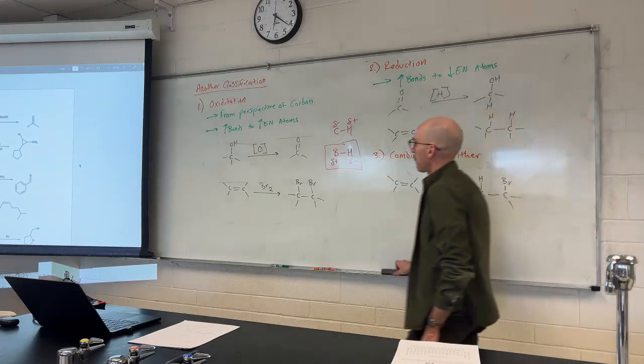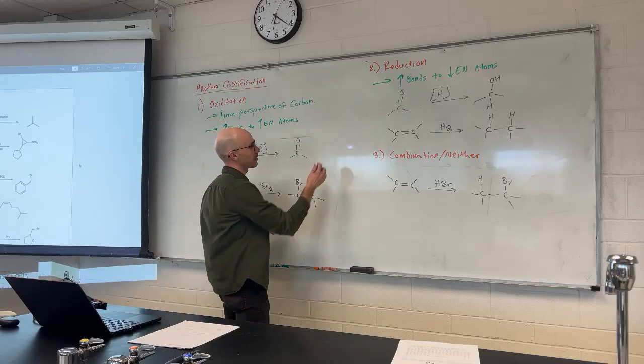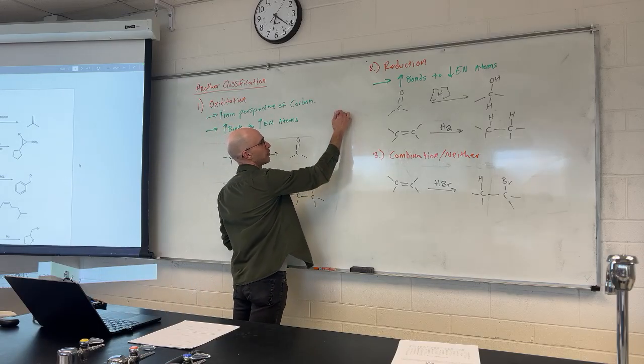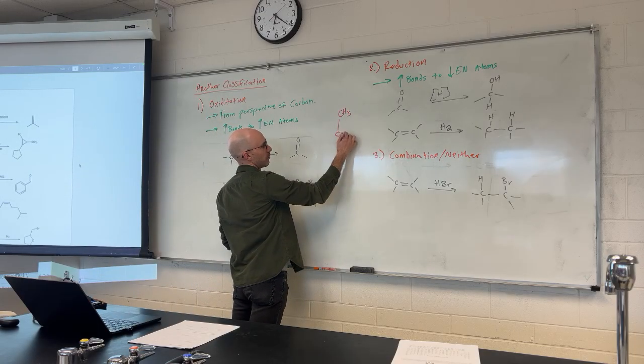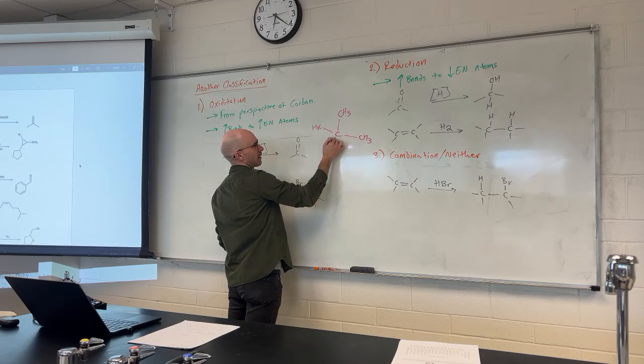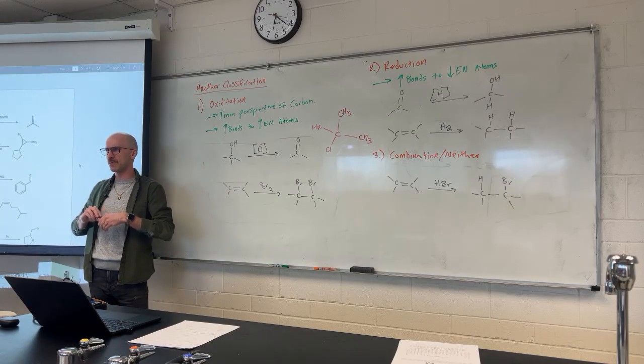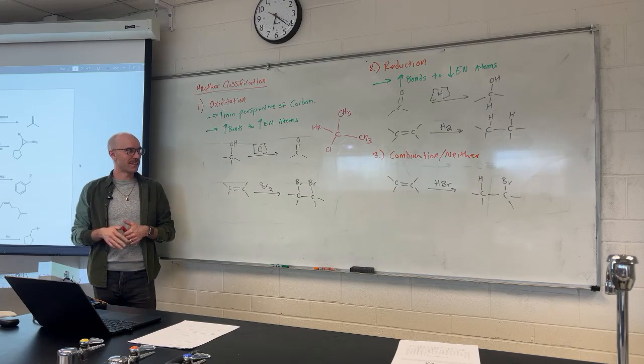Here's one thing that I don't want to take up too much of our time, but I do think it can help you in understanding this a little bit more. We can calculate oxidation numbers. We didn't do that earlier this semester, did we? I think I skipped it because I never have any questions on it.